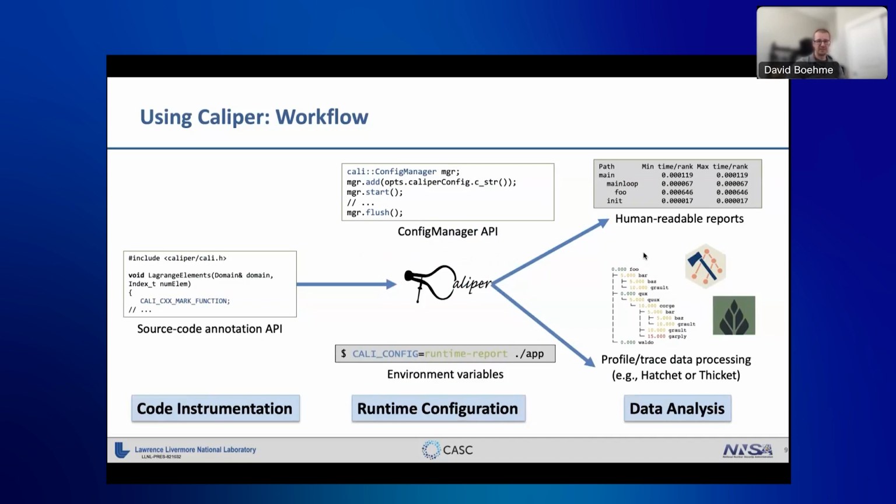Now, on their own, these annotations don't really do anything to run performance measurements. We have to enable the Caliper measurement configuration. There are various ways to do that. So we can use environment variables like this static config variable, and we can actually also use an API so the program can itself turn on performance measurements if it wants to.